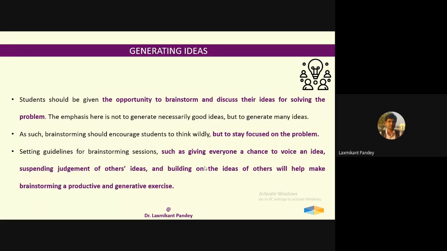Now, students should be given the opportunity to brainstorm and discuss their ideas for solving the problem. One very important aspect of project-based learning is that you can give any kind of problem to a group of students. You just create a group of 4 to 5 students and give them one problem.